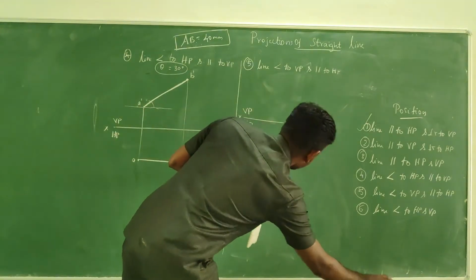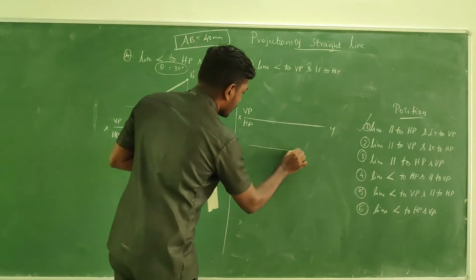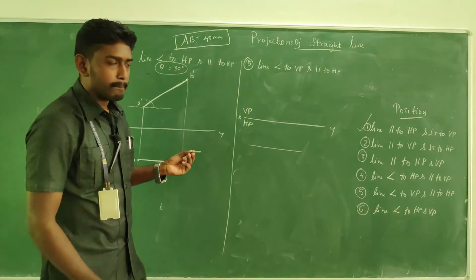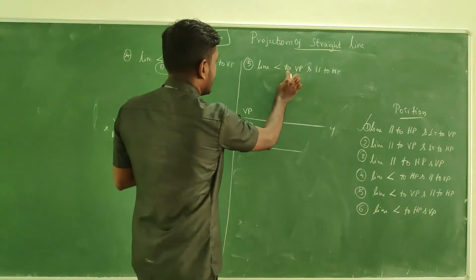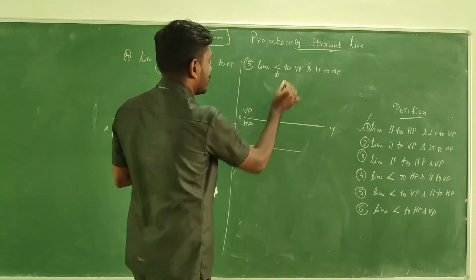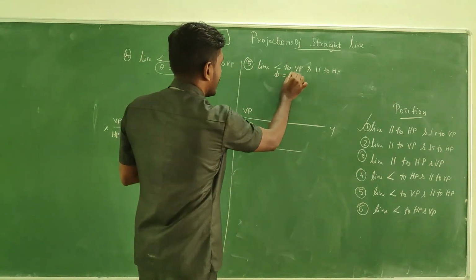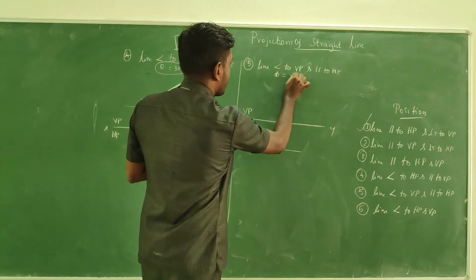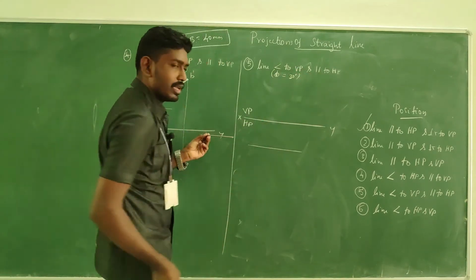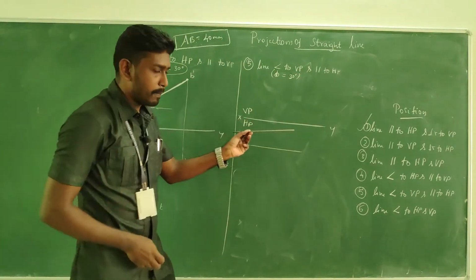For that, take the locus line, and here as well I am going to take the inclination to VP. That means I am going to take the angle as 30 degrees, just as an assumption.